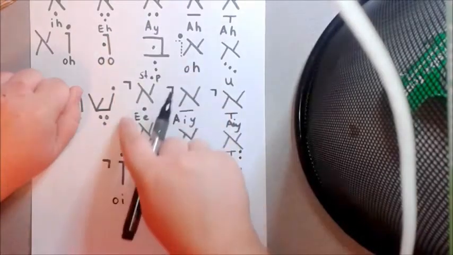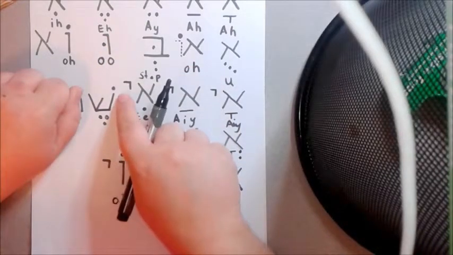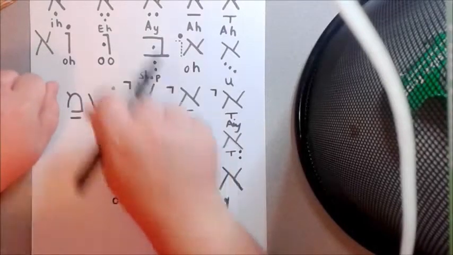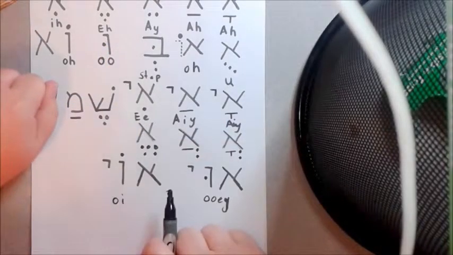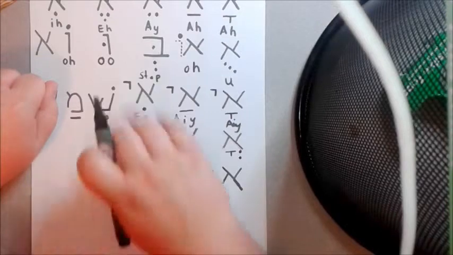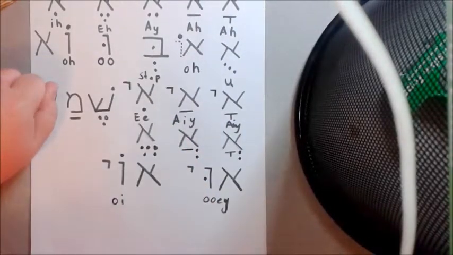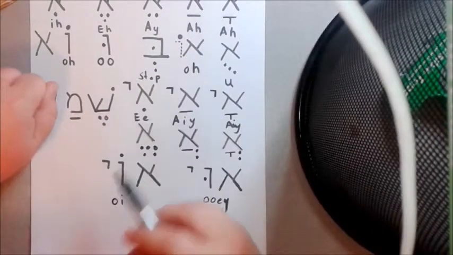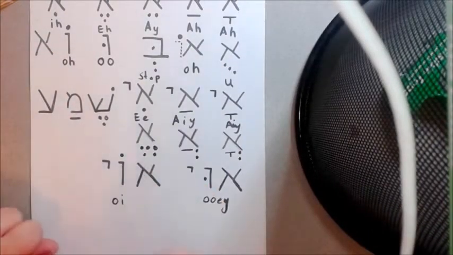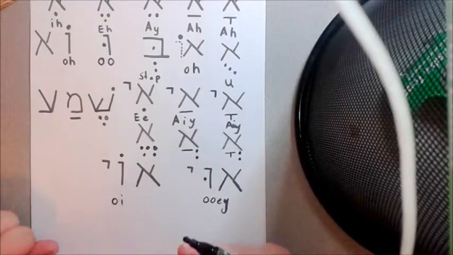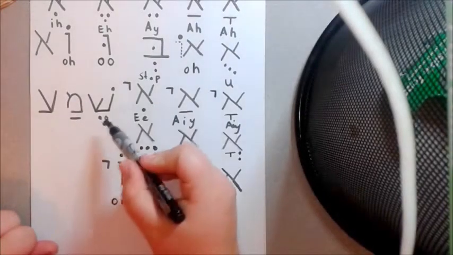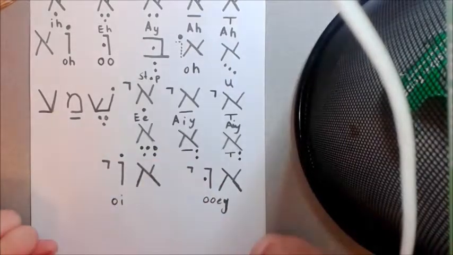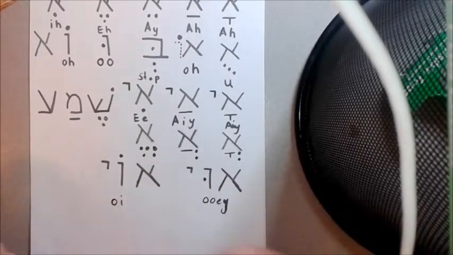We have the eh sound underneath the sh, she. And then ma. I can say that on its own. It's just going to have the mem, ah, is this sound here. Okay, shema. And because the ayin is silent, it doesn't say a word. Okay, shema.